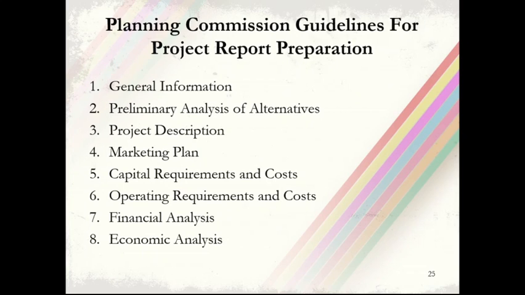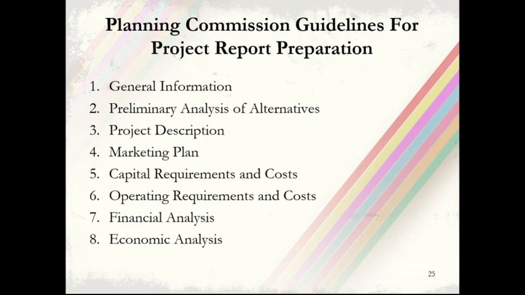Now let us see Planning Commission guidelines for project report preparation. In order to process investment proposals and arrive at investment decisions, the Planning Commission has issued guidelines for preparing and formulating industrial projects. The guidelines have been summarized as follows.